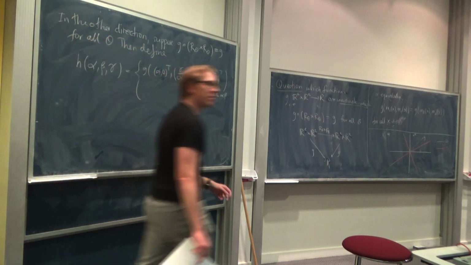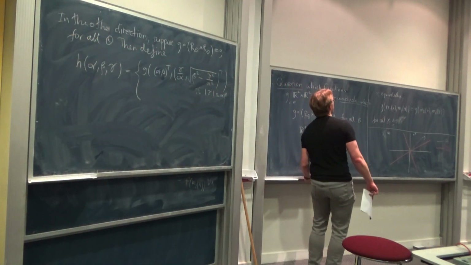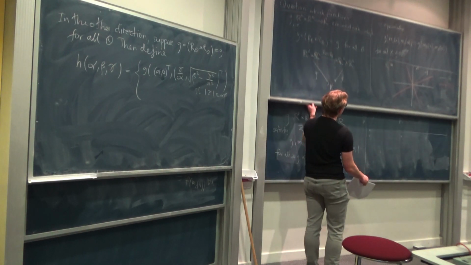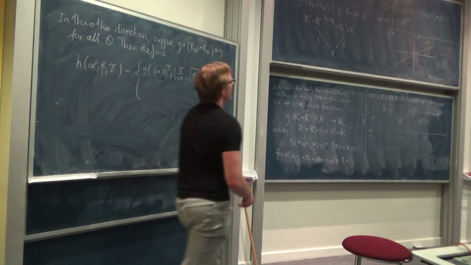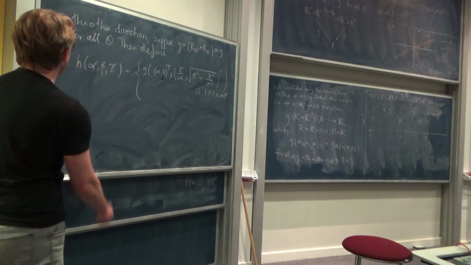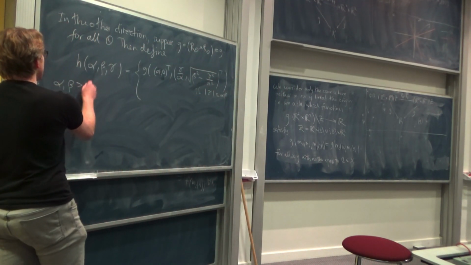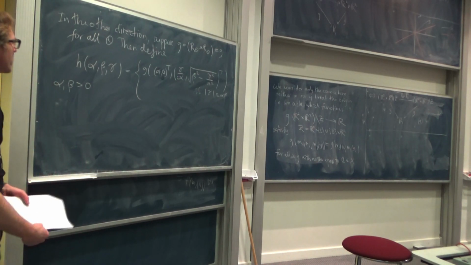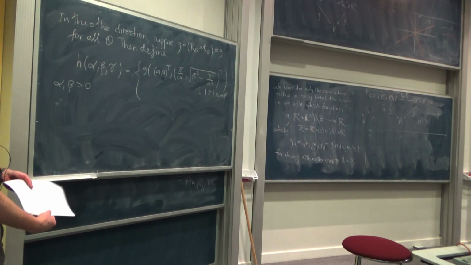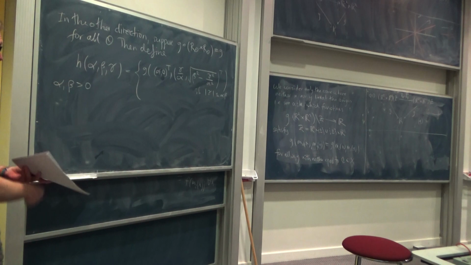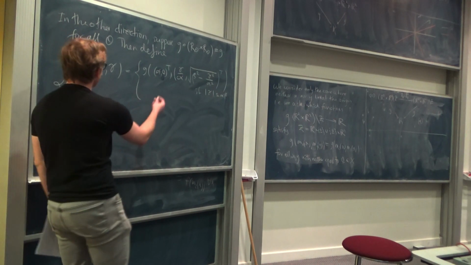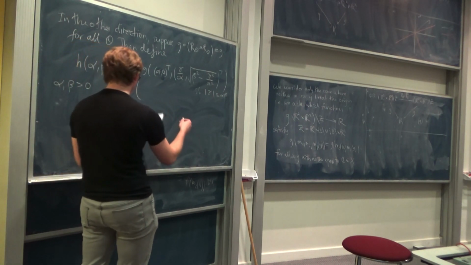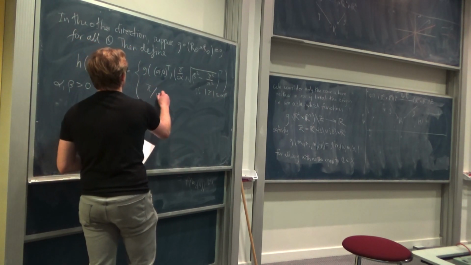That was the whole point of the z. So I'm ignoring the case where x and y are at the origin, so alpha, beta here are positive, because I ignored the case where x or y could be lying at the origin. So h of alpha, beta is this. And in the other case, I just take anything I like.